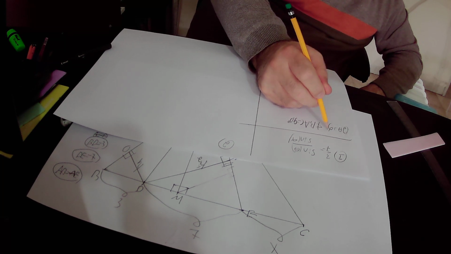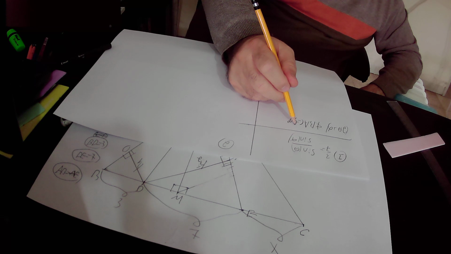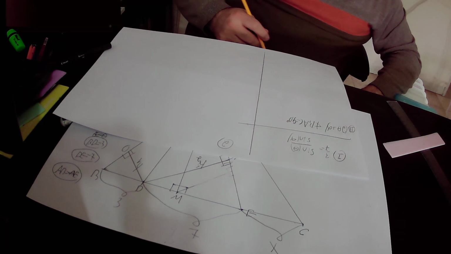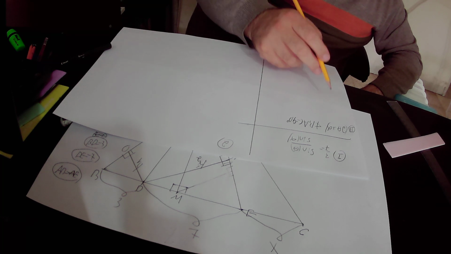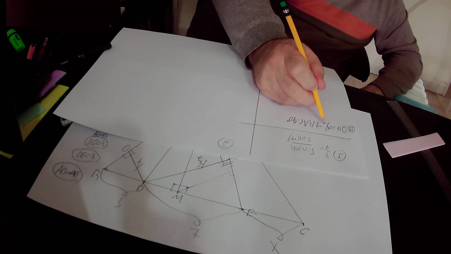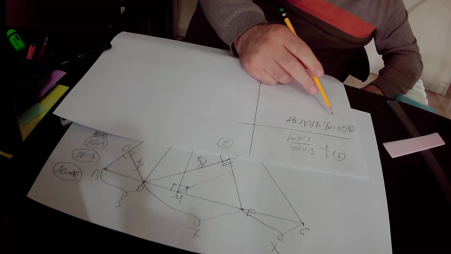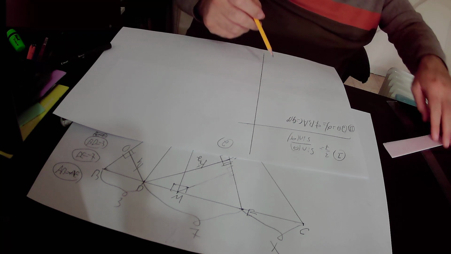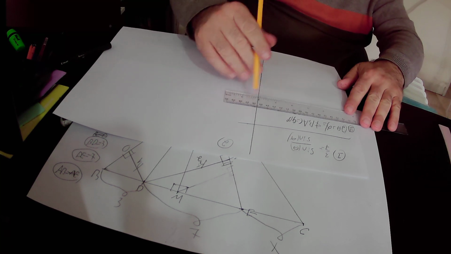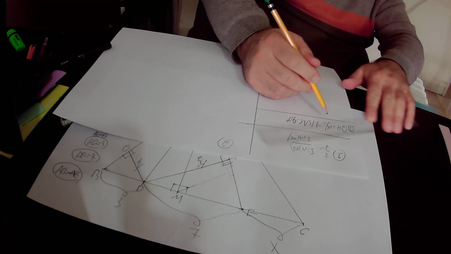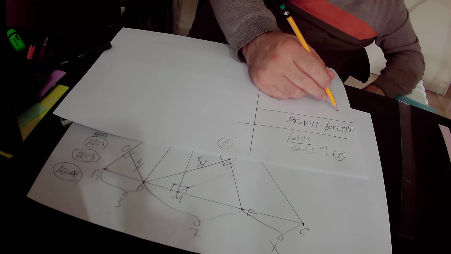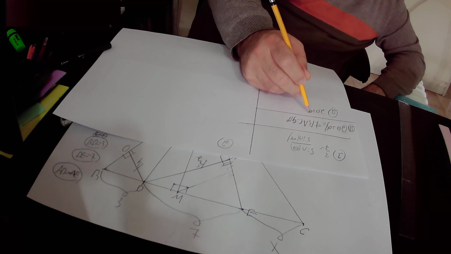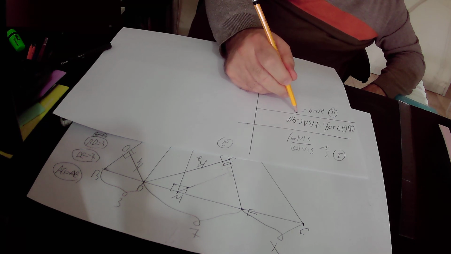So this will be equation number 2. From this equation, angle BAC equals 2 theta plus alpha, and angle BAC equals 90 degrees, so 2 theta plus alpha equals 90 degrees.